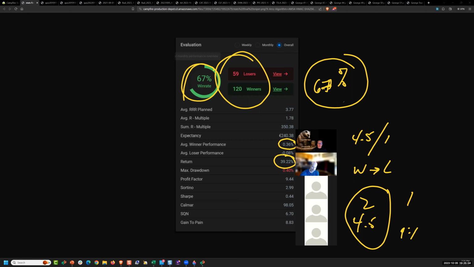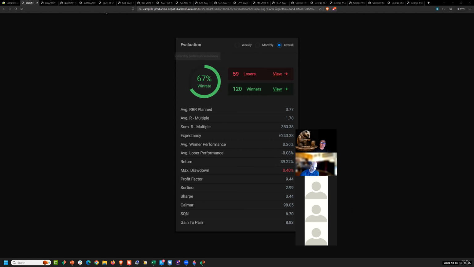at a proprietary trader, and his SQN was 6.7, and he's collecting a lot of money by trading other people's money by going through their certification process and just trading with the sniper.